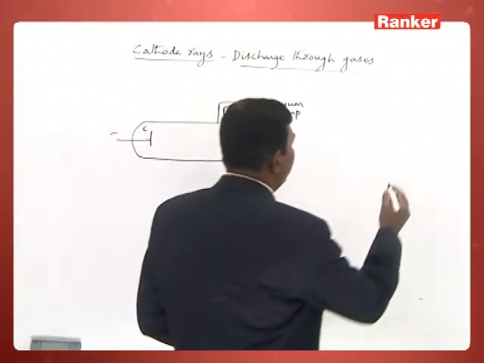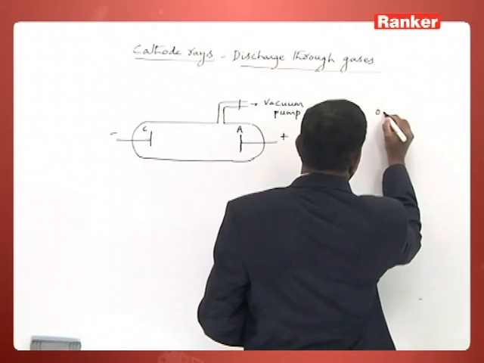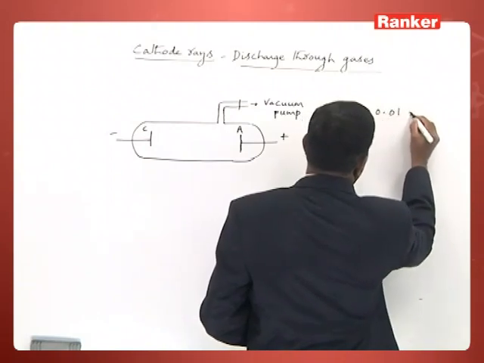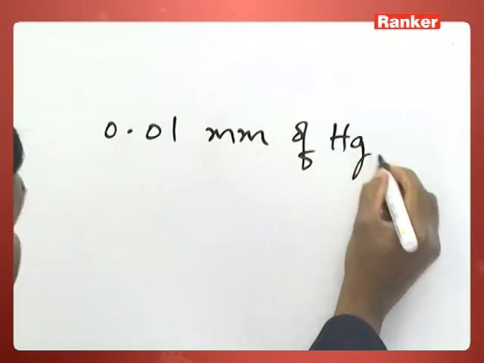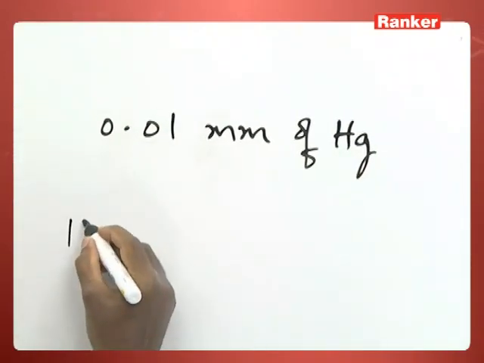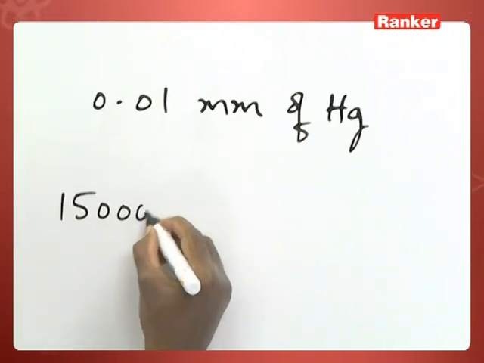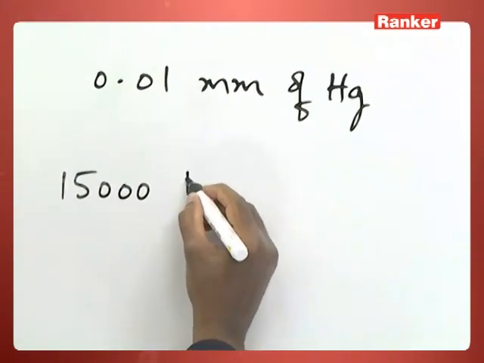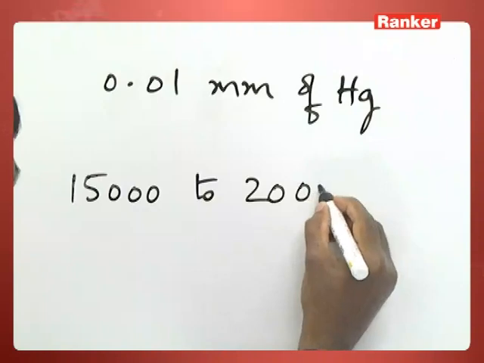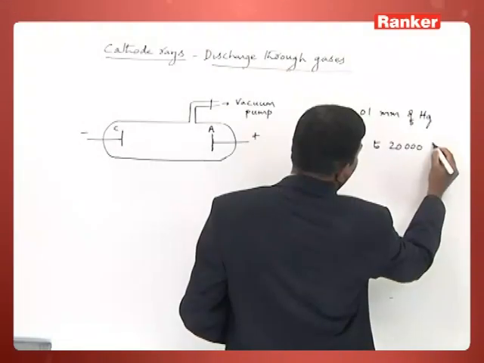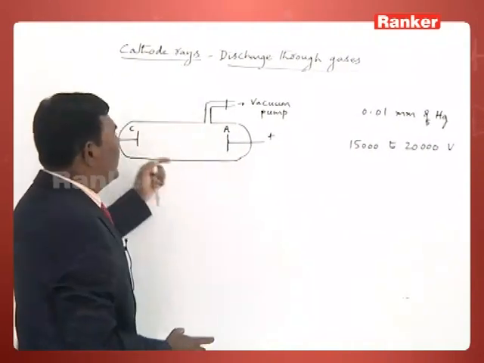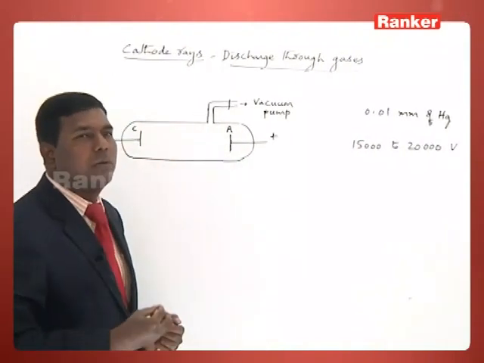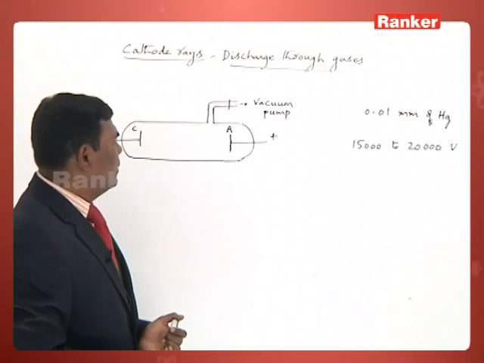The pressure should be about 0.01 mm of mercury, and the applied potential should be about 15,000 to 20,000 volts. In such a case, the entire tube is filled with a dark space which we call Crookes dark space.